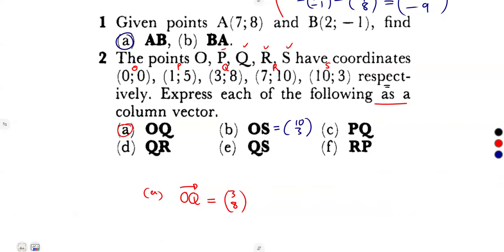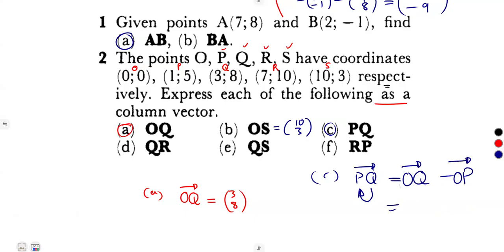Then the other part, C, vector PQ. If we are to determine our vector PQ, that is Q minus P, which is OQ minus OP. So OQ from the origin, we have 3, 8, minus OP.